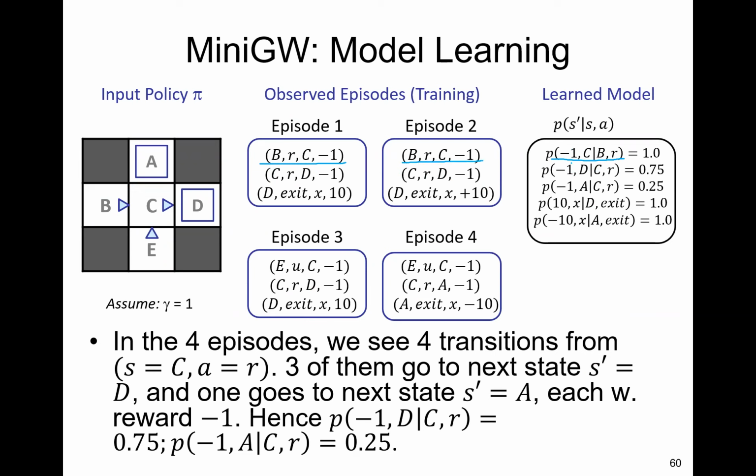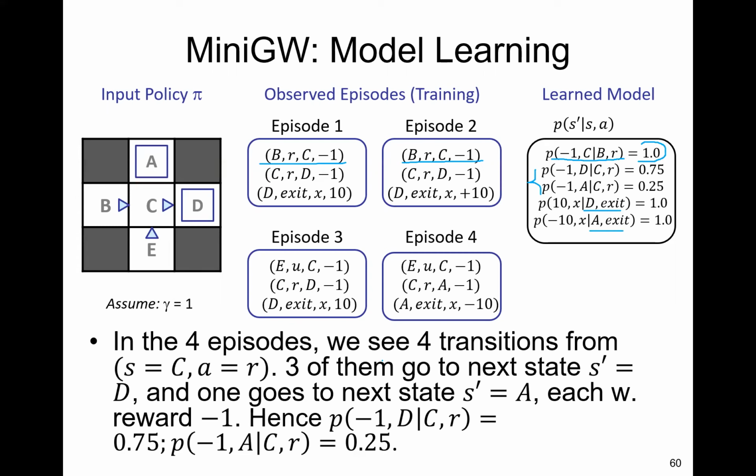They all went into C. So you have 1 as the probability. And from C right, these 2 we just derived. And from D taking the action exit, you exit. So with probability of 1 from A exit.